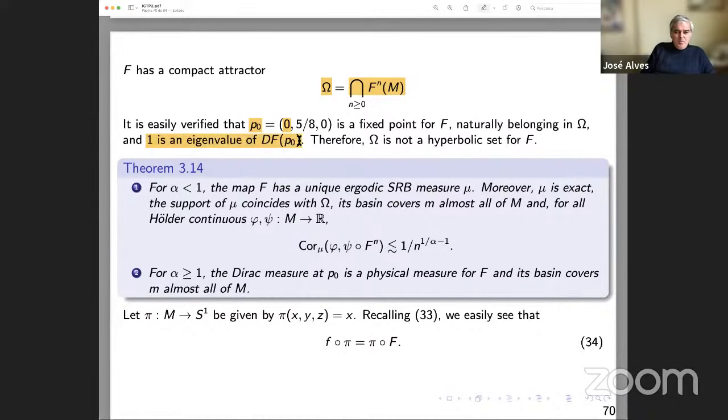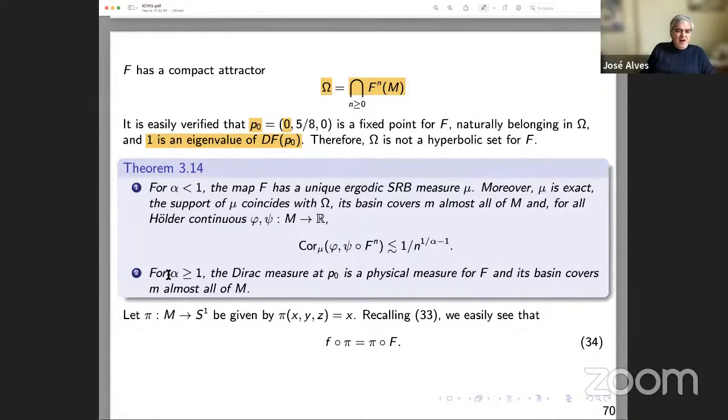So this omega is not a hyperbolic set. Okay, so this is just to be sure that we are not reproducing results that we already know in the hyperbolic setting. And the conclusions are exactly the same that we had for the intermittent map in the circle.